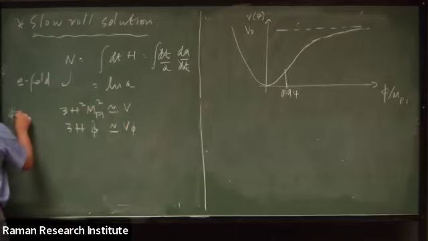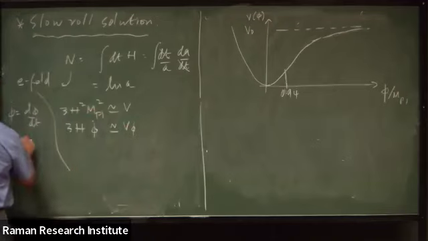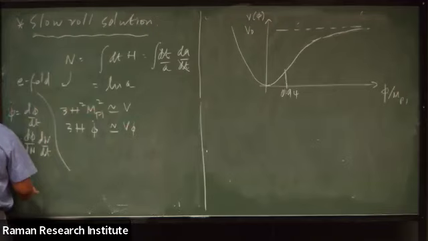But phi dot is what? D phi by dt is d phi by dN, dN by dt. But what is dN by dt? It is H. So I'll write this as phi subscript N. What is phi subscript N? D phi by dN, differential with respect to the E-fold.